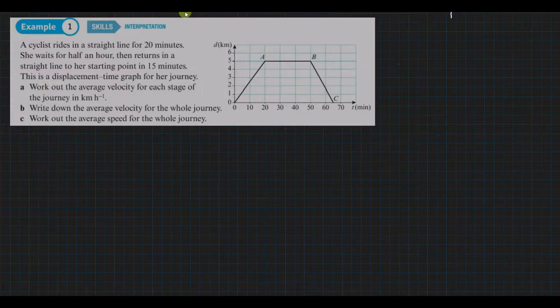So they might say things like: cyclist goes uphill 5 kilometres and it takes 20 minutes.